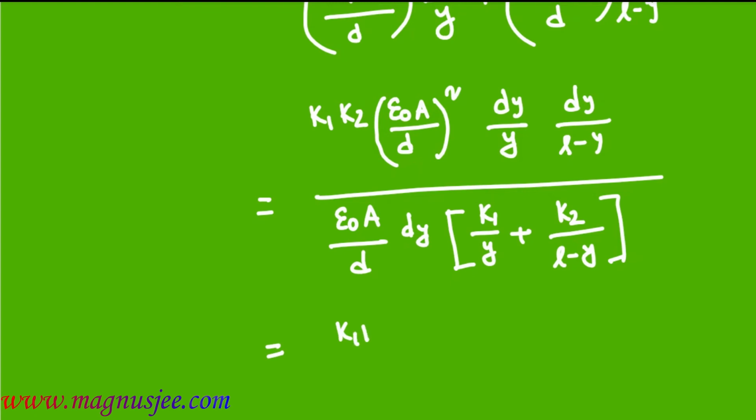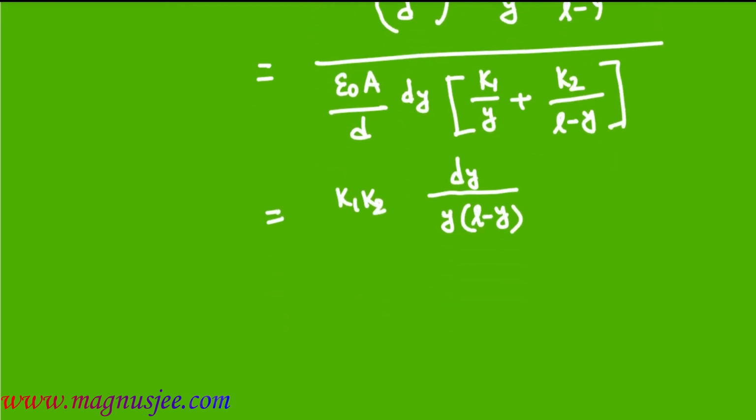Equal K1 K2 dy divided by y into l minus y, divided by K1 by y plus K2 by l minus y.